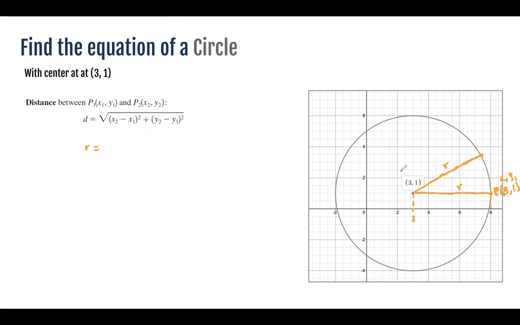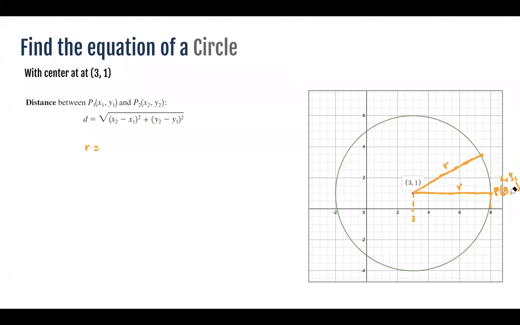And this one right here, I'm going to call it point C, or the center. I'm going to call it x2, y2.